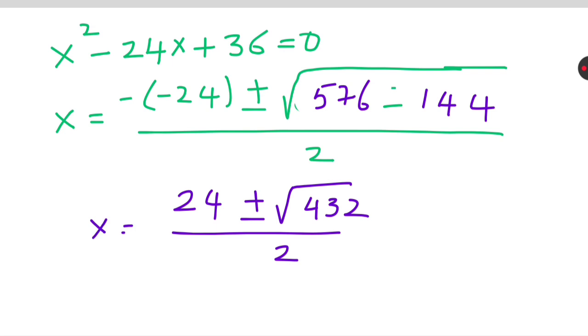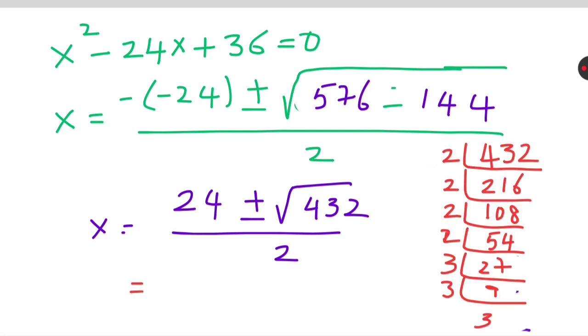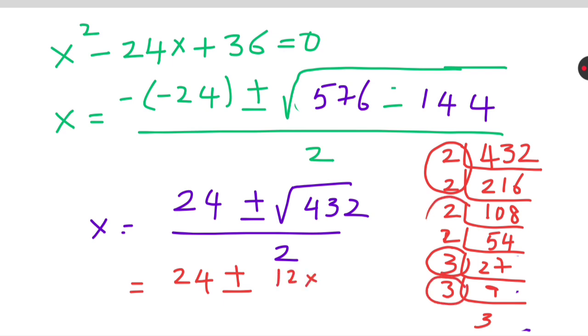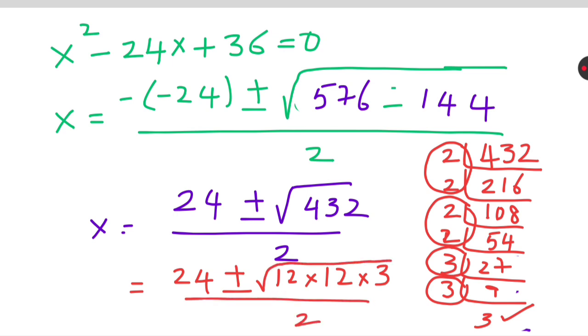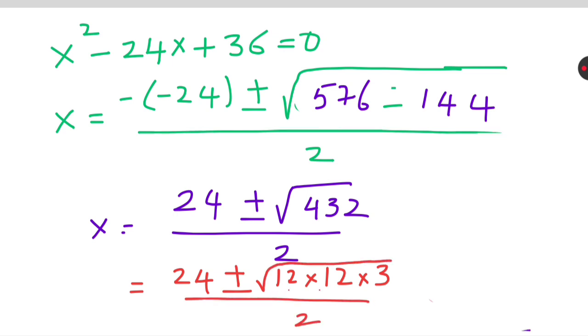You can simplify a little bit here. So 432, if you want to find the factors, we can write it as 12 times 12 times 3. So 432 we can write as 12 × 12 × 3. So √12 times √12 is only 12.